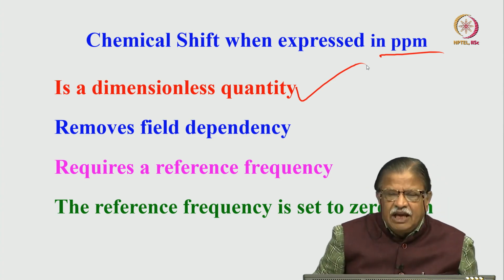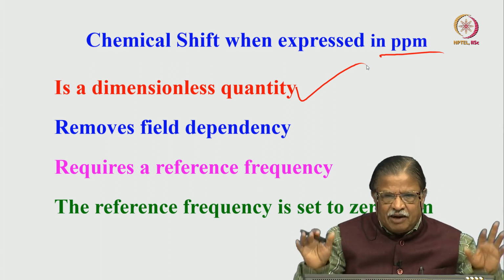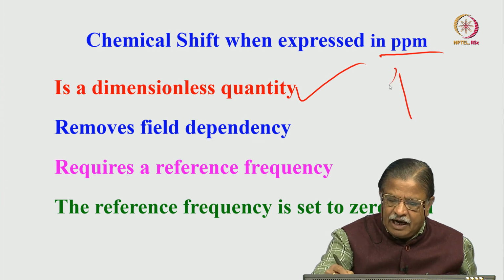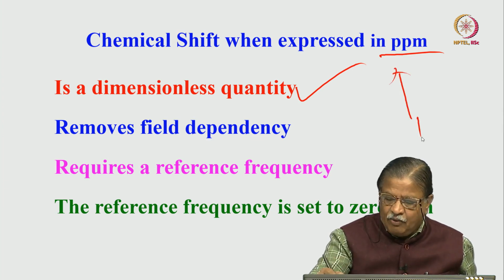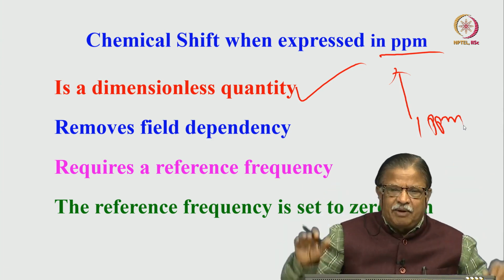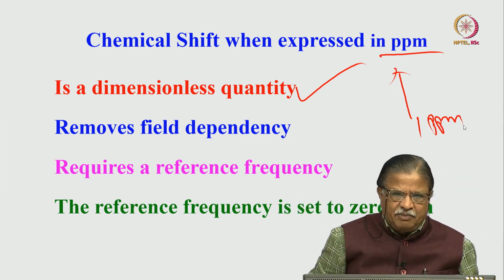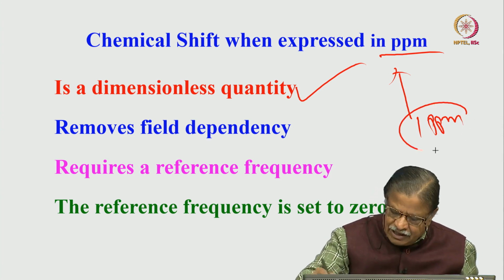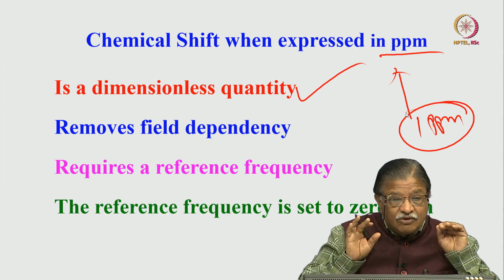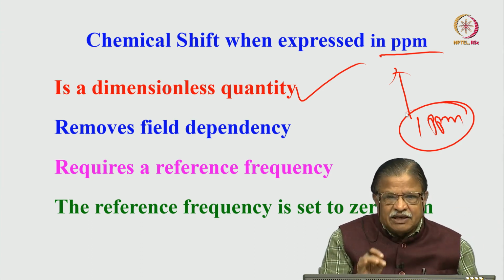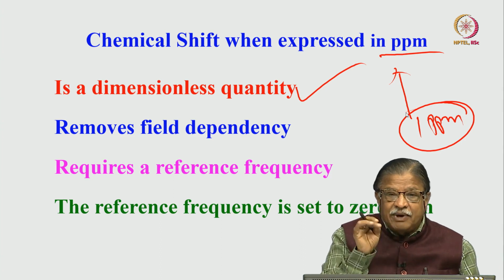That means if you record the spectrum in any spectrometer, let us say I record the spectrum at 300 megahertz, I get a peak and its chemical shift I say 1 ppm. Take the sample, go to any other spectrometer like even 1000 megahertz, 1 gigahertz spectrometer, record it and measure the chemical shift in ppm, it is 1 there also.